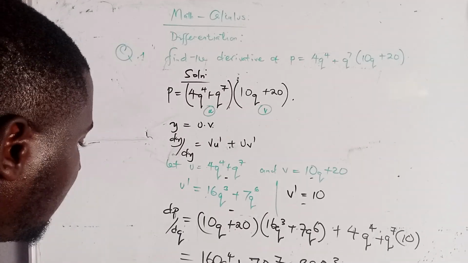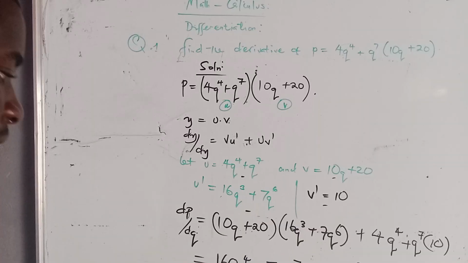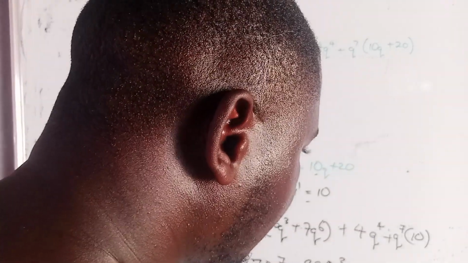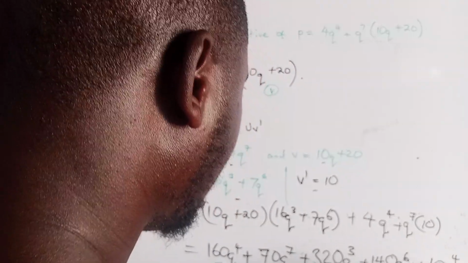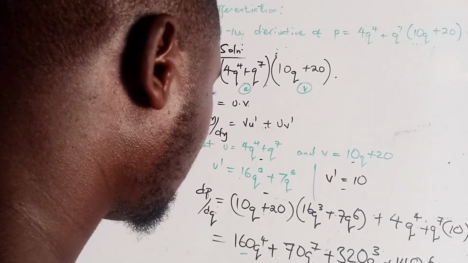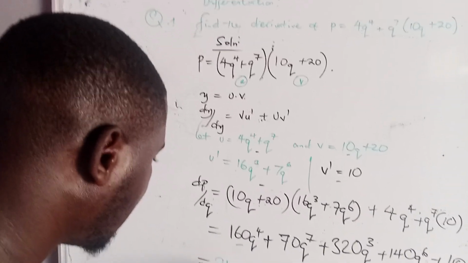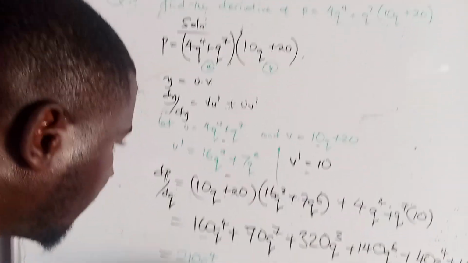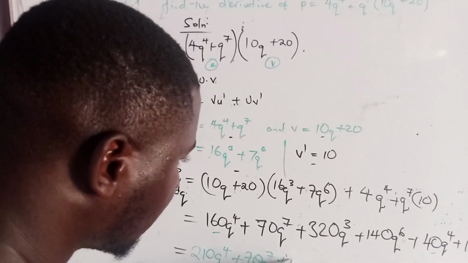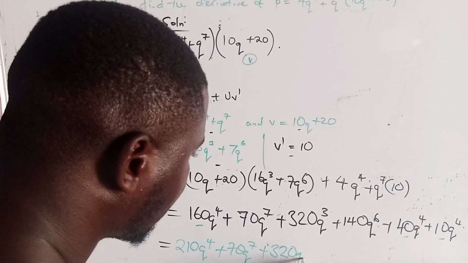Let's see the like terms that we have. The q^4 terms give us 160 plus 40 equals 200 and q^7 terms give 70 plus 10 equals 80. These other terms don't have other pairs, so bring them like that.